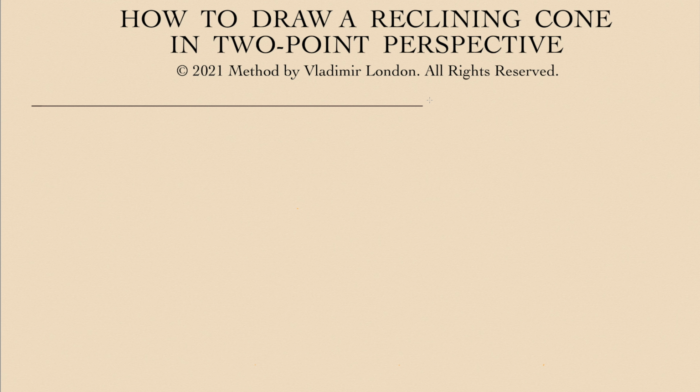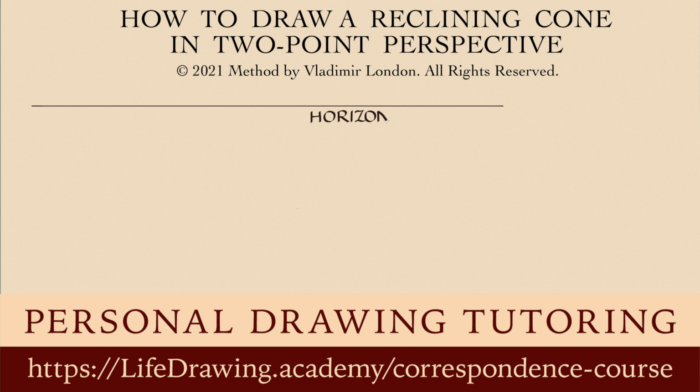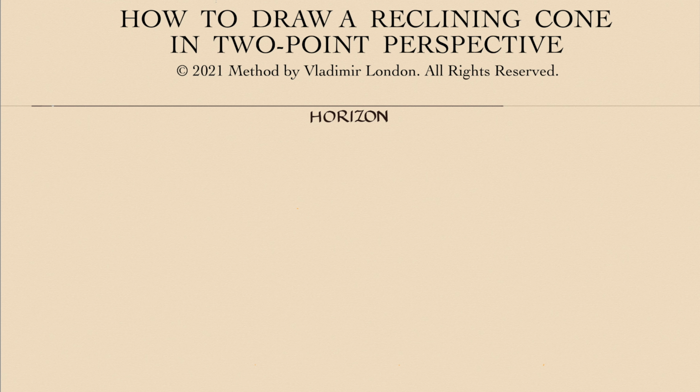Now, I will show you how to draw a horizontal cone that touches the ground. We will again use a special method of drawing a square in perspective that I developed for Life Drawing Academy students. With the horizon at the top, a cone will be seen from above. One vanishing line goes into the left vanishing point.